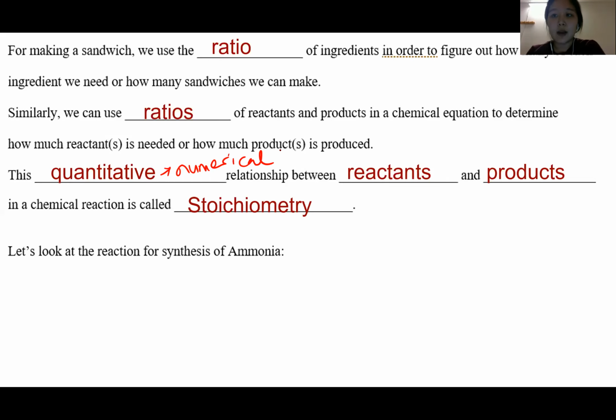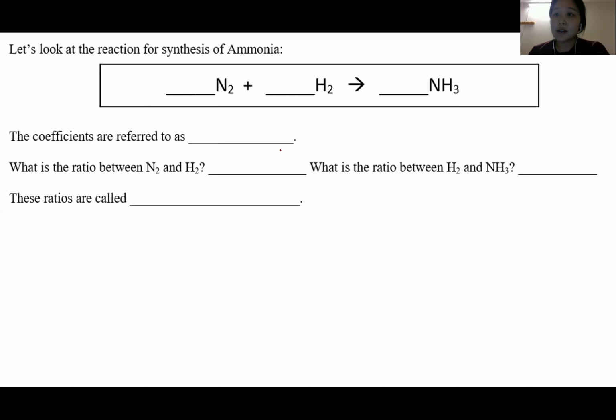Think of it this way: if we have this many reactants, how much product can be produced? It's a numerical relationship between reactants and products. We're going to look at some examples together. First, let's look at the reaction for the synthesis of ammonia. We have to balance this equation first, so I'm going to do that right here.